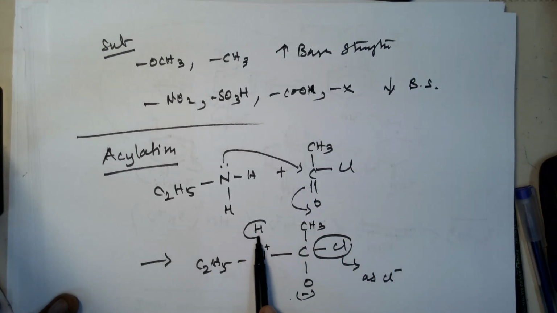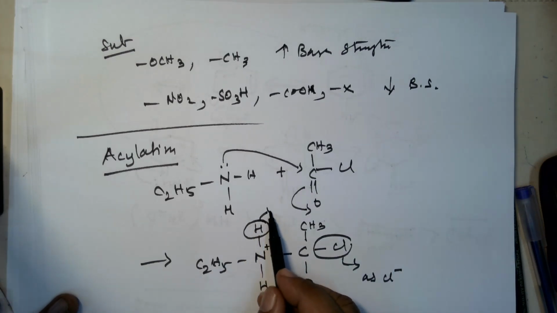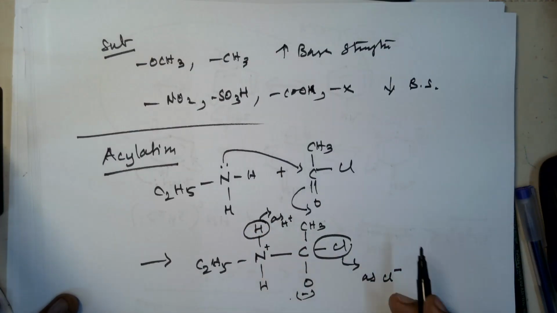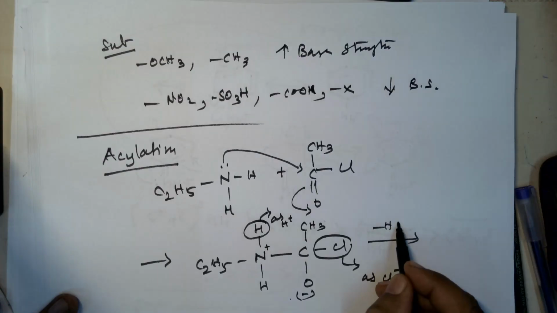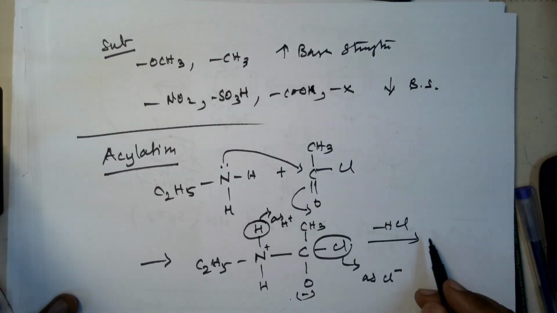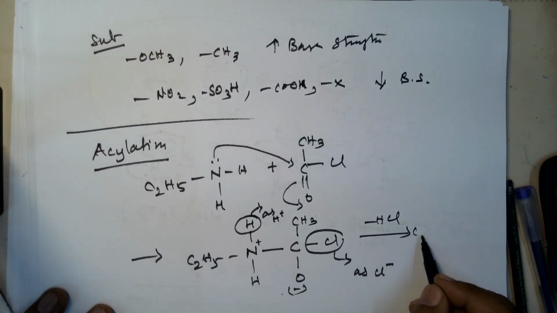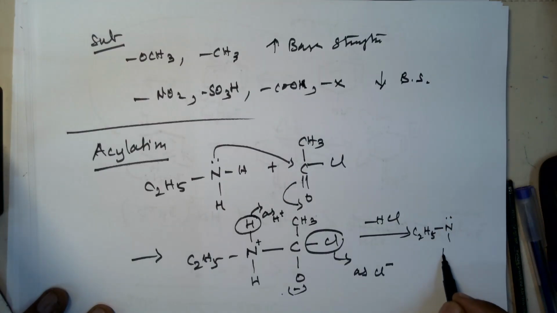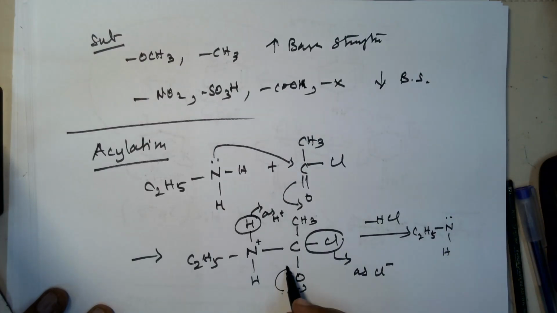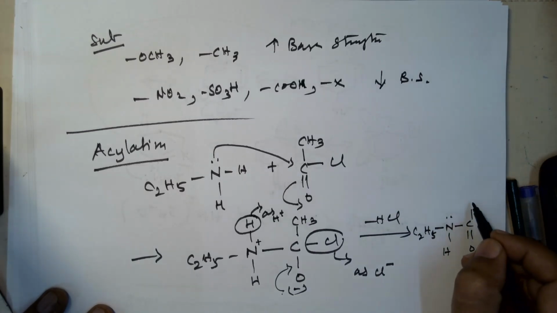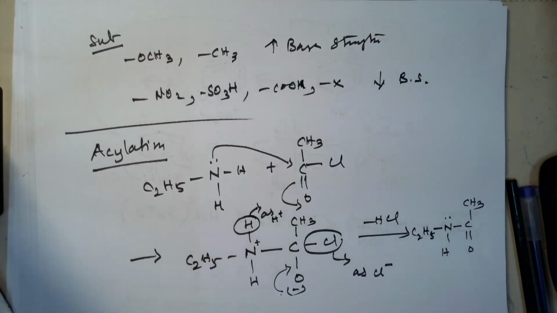Now this can be released as H plus, and H plus and Cl minus can be removed, so that you are able to get C2H5, and this will come here once again and form a bond, a pair of electrons. So C2H5NH, and then C double bond O CH3. Are you able to follow?